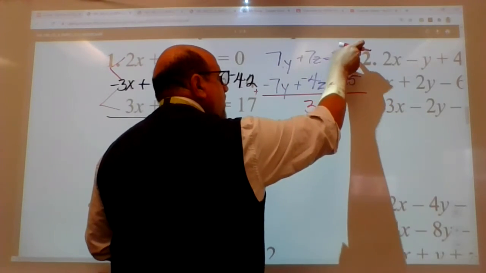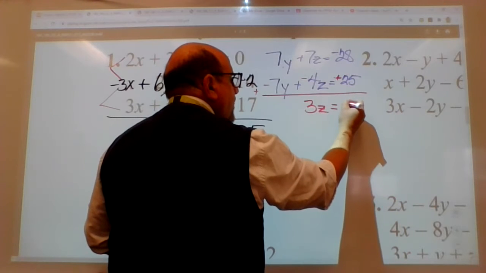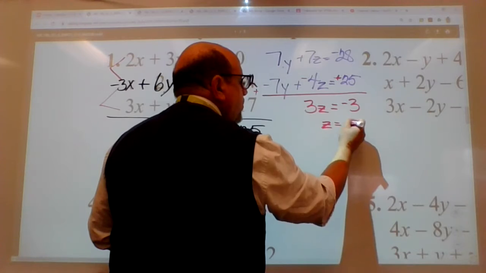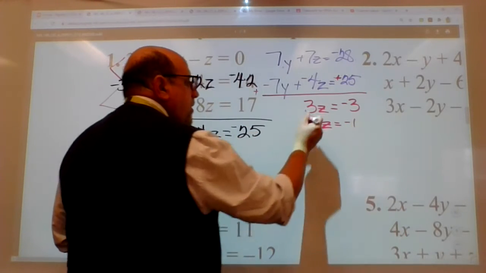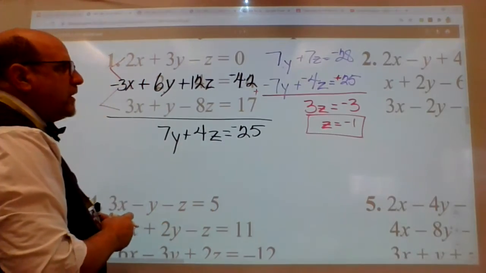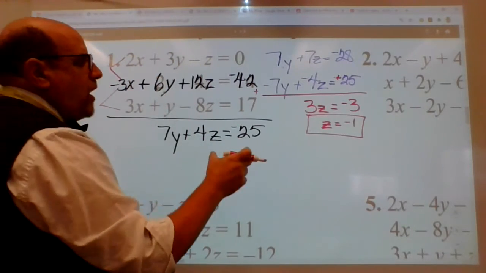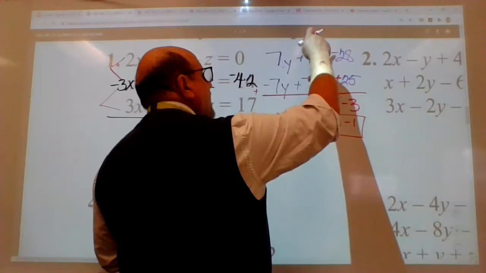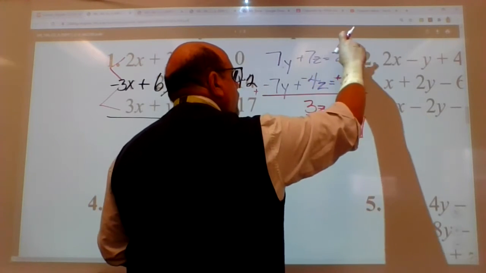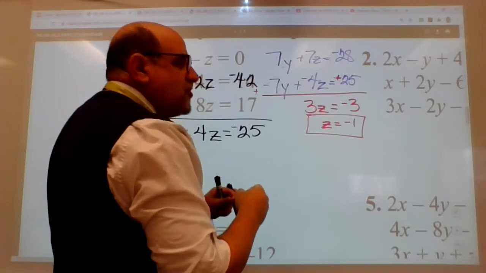All right, negative 28 and positive 25 is negative 3. So z is equal to negative 1. All right, there's one of my variables. I take that negative 1 and I plug it back in to this first of the two variable equations and solve.